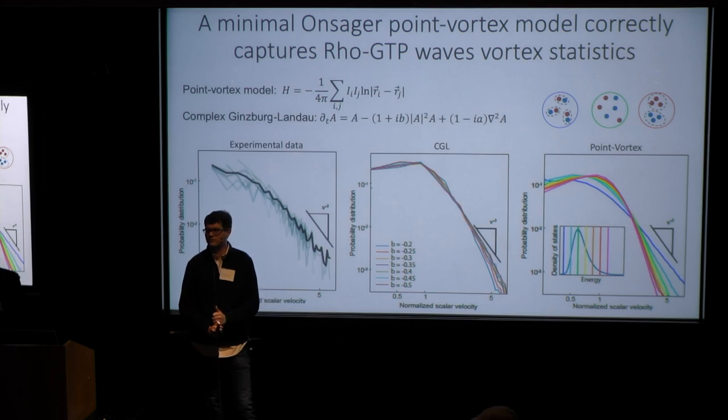I have the same comment made with the previous talk, but I also have a question. You have asymptotic statistics which emerge after stabilization or long-term simulation of the complex Ginzburg-Landau or other equations, but it's not exponential of minus beta times this point vortex Hamiltonian. It's not a Gibbs distribution with this point vortex Hamiltonian. It's something more complex, right?